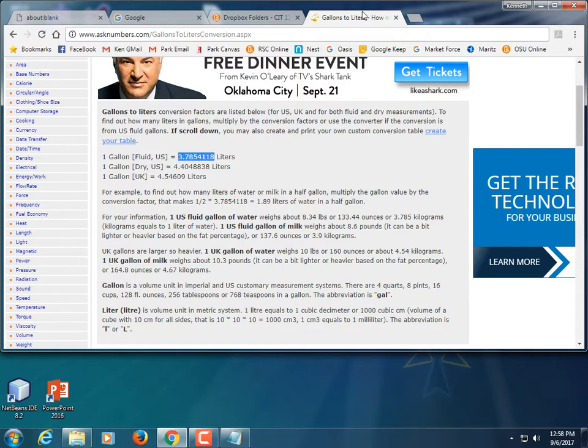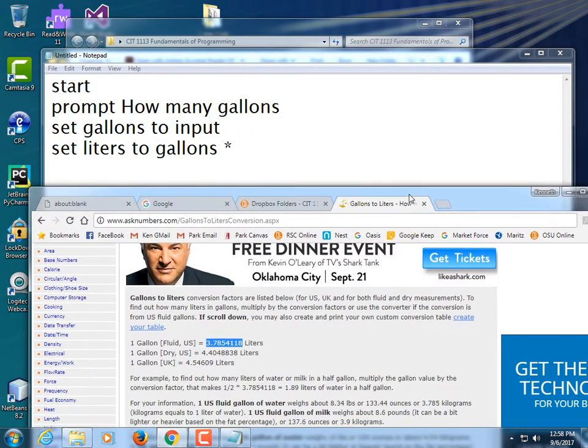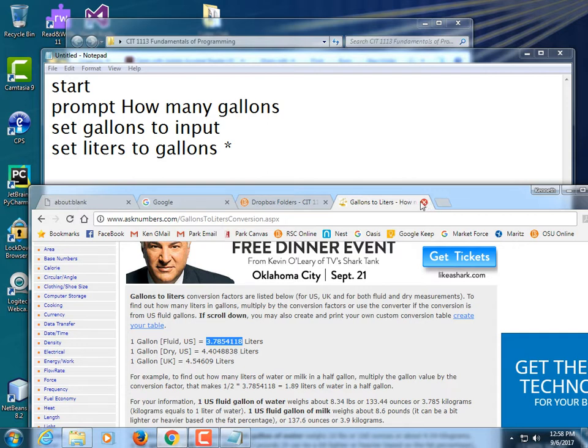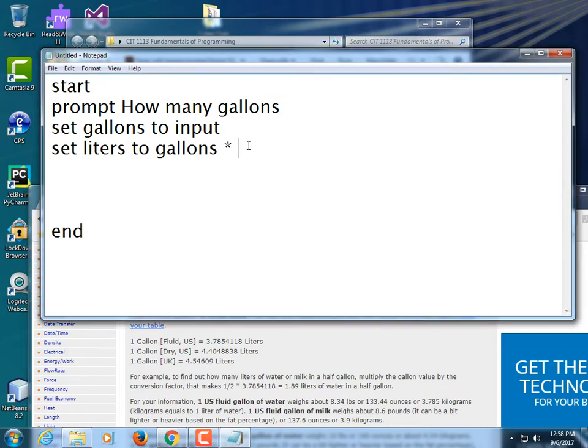Okay, so now what are we going to do? Liters is equal to gallons times 3.78. Okay, 3.78541178, just to be precise here. All right. And then maybe output gallons.